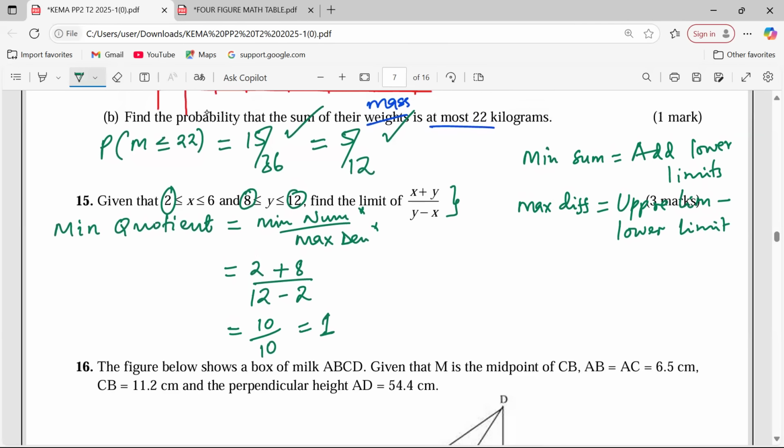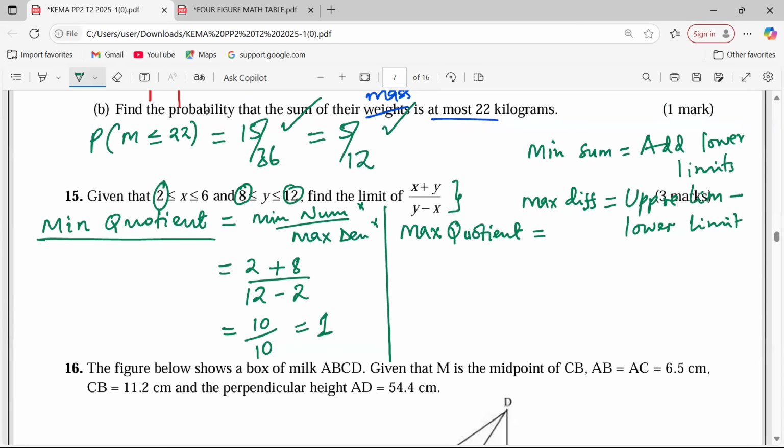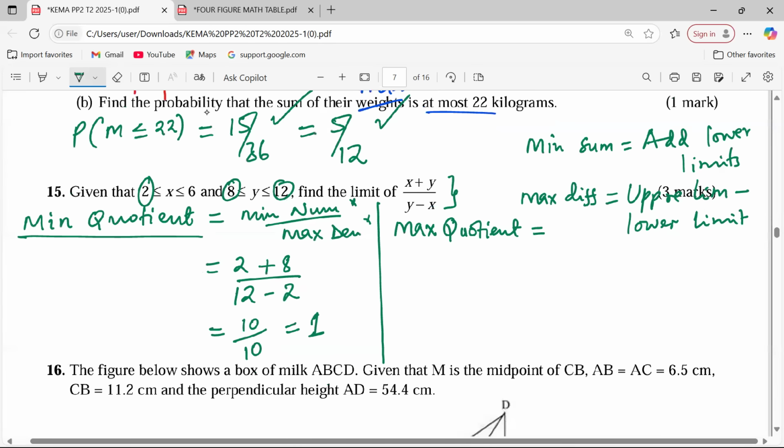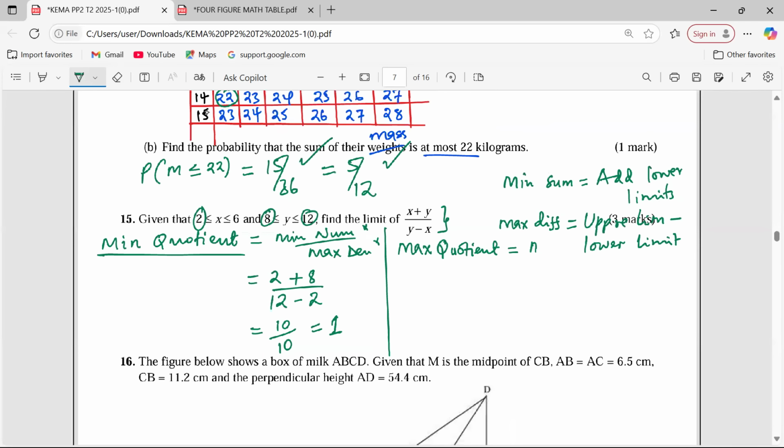Then I proceed and ask myself, that one now is the minimum quotient. What about when we want to work out the maximum quotient? The maximum quotient requires, for us to get a very big value after dividing, we need maximum.